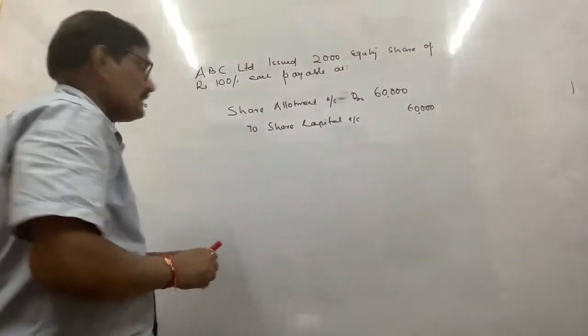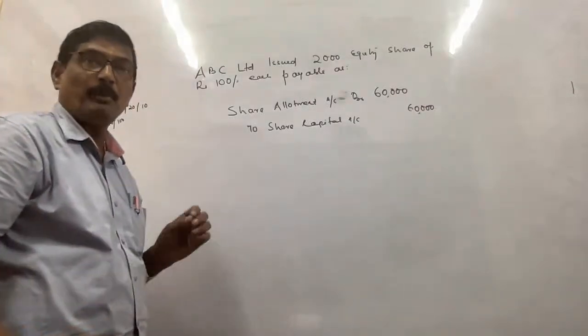Now the question says that holder of 400 shares, they are not paying allotment money.